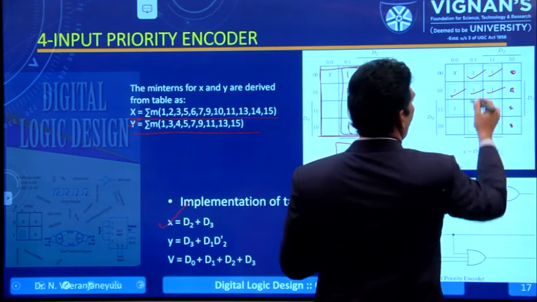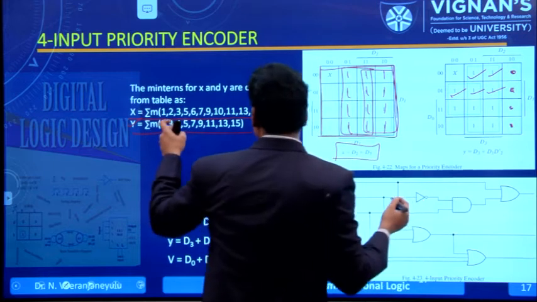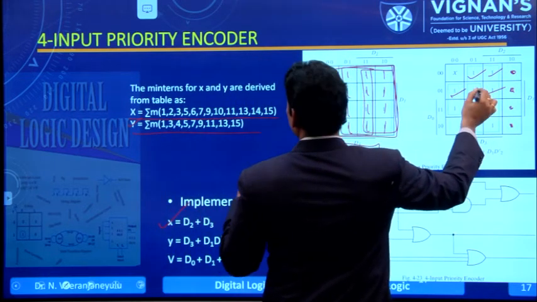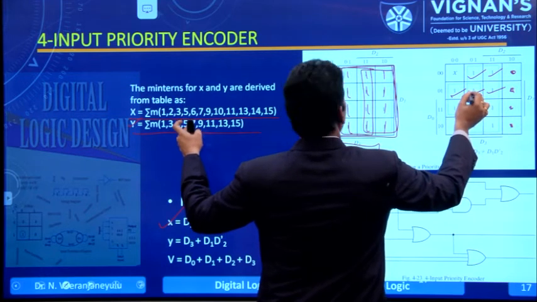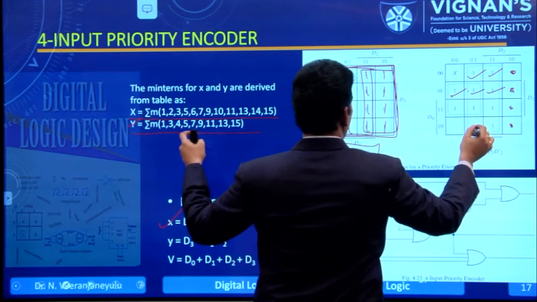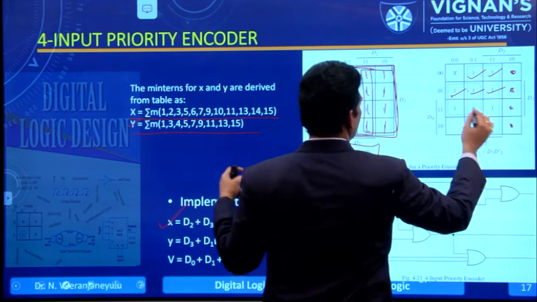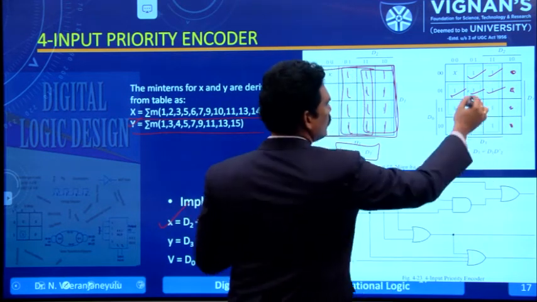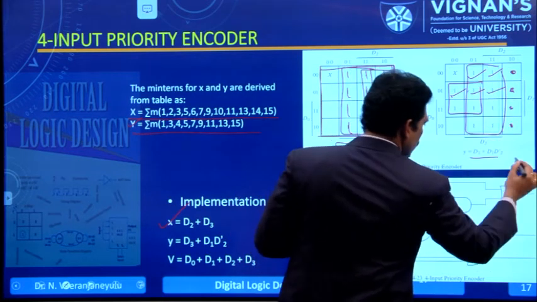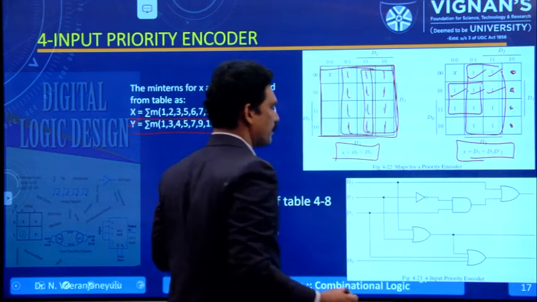The values are 1, 3, 4, 5, 7, 9, 11, 13, 15. So, this is one combination and this is 8. So, the expression is D3 plus, okay, this is the expression.